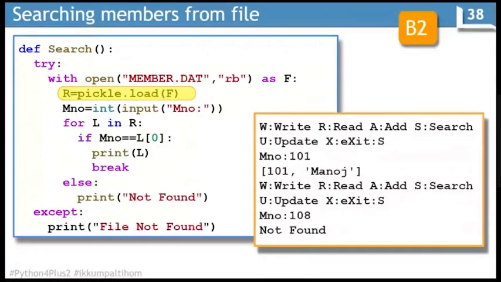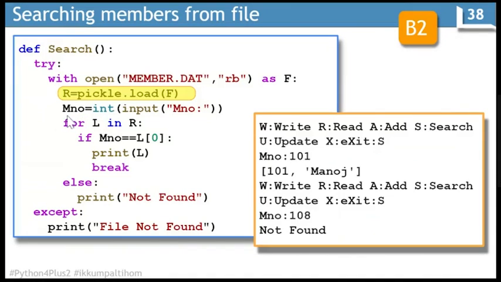Now, if we want to search for a particular member with the help of MNO, and if a matching MNO value is found you want to display the entire content, then you again read the entire content of member.dat with the help of this command.